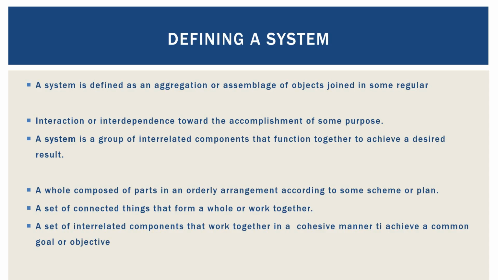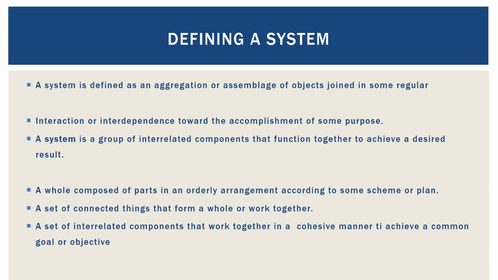Here we have introduced another term, components. These components interact just like in the second definition. There is interaction of objects, and these components are interrelated, from the first definition, the aggregation or assemblage.